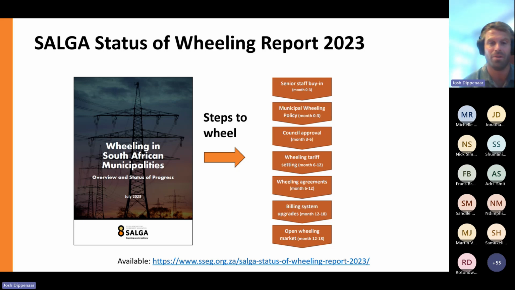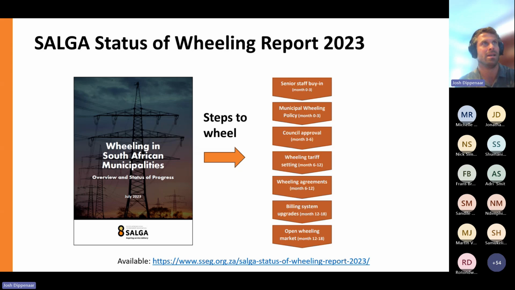It provides an overview of which municipalities are wheeling, how much energy is being wheeled, and so on. And then there are these 7 steps to wheel. The idea of this wheeling training is obviously to assist municipalities to implement wheeling, so we want to assist you in working through some of these 7 steps.